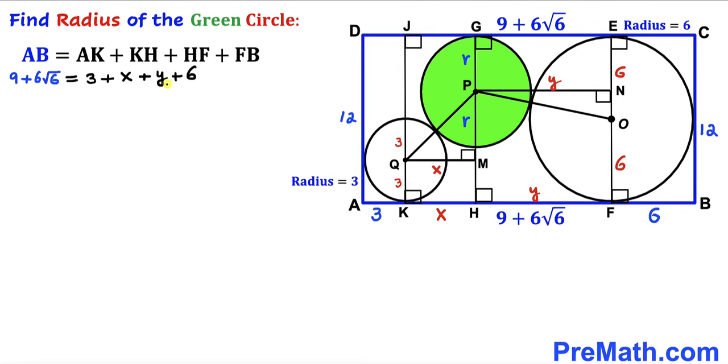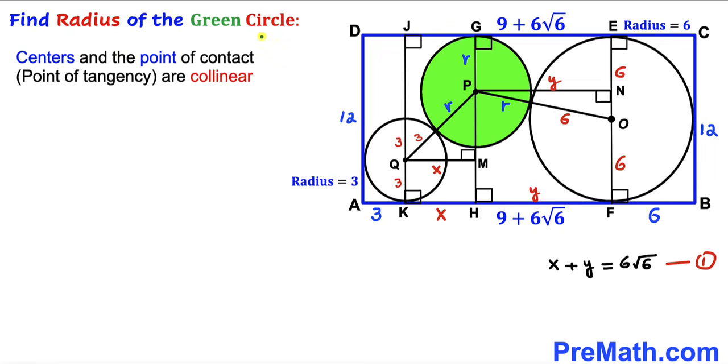Now we are going to combine the like terms on the right hand side, and we can see this 9 and 9 cancel out, so we end up with x plus y equal to 6 times square root of 6. And I'm going to label this one as our equation number 1.